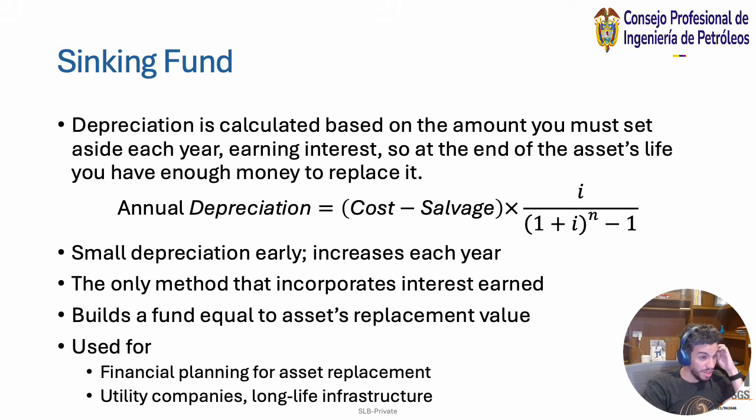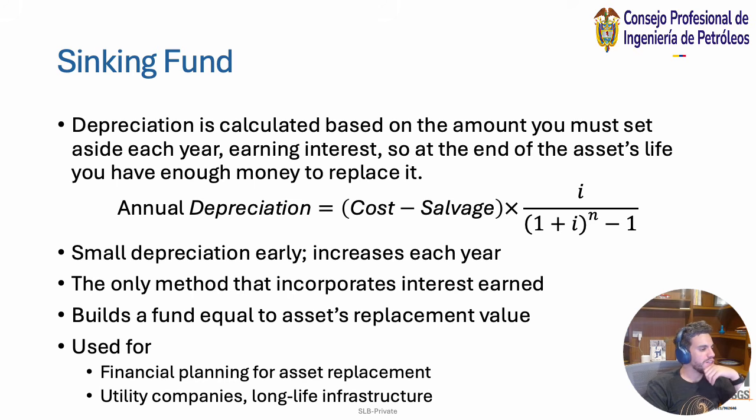And finally, the last method you would use is the sinking fund, which is depreciation that is calculated based on the amount you must set aside each year earning interest. So at the end of the asset's life, you have enough money to replace it. The annual depreciation is equal to the cost minus salvage multiplied by i divided by (1 plus i) raised to the n, minus 1. And here i is the interest rate and n is the useful life, right?